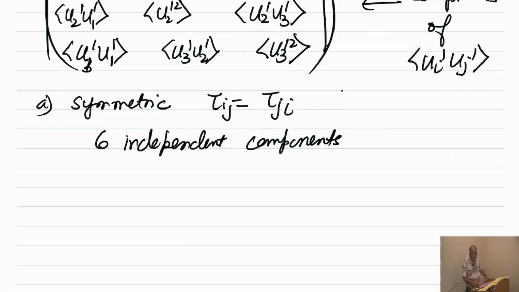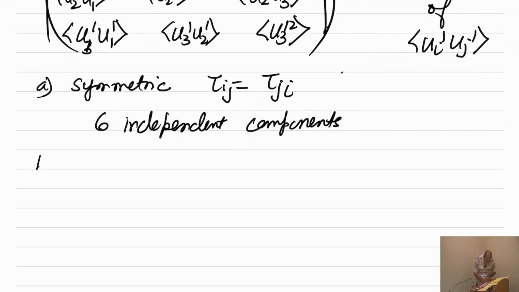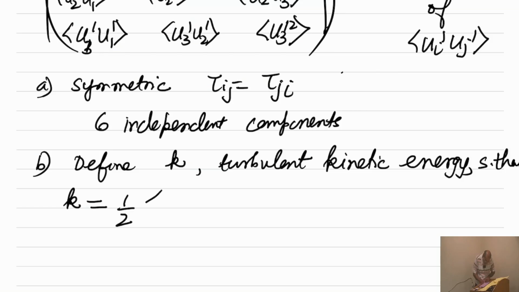Then the other thing which we do is we define K as the turbulent kinetic energy, such that K is equal to half of ui prime ui prime.